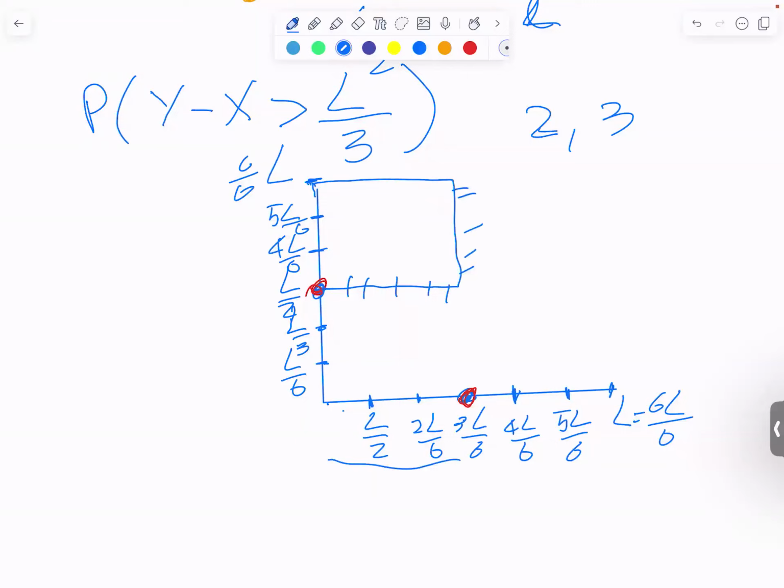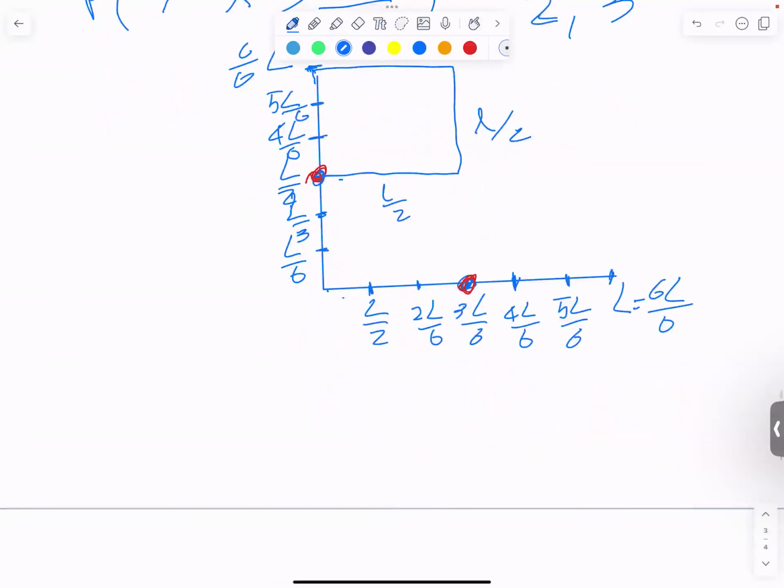Now, delete those little lines. This is the whole thing. This is length L over 2 and L over 2. Now, the whole area of the domain is going to be L over 2 squared, which is L squared divided by 4.